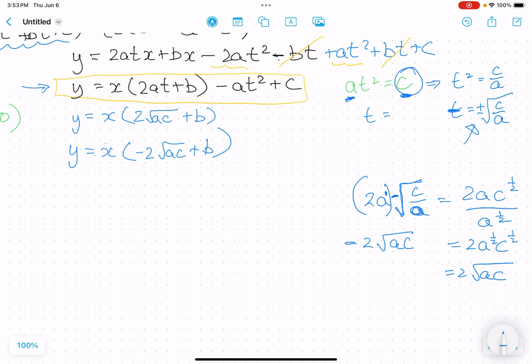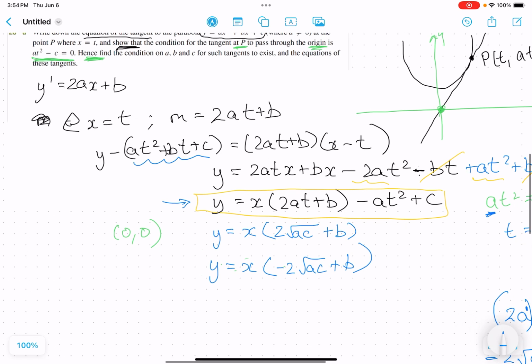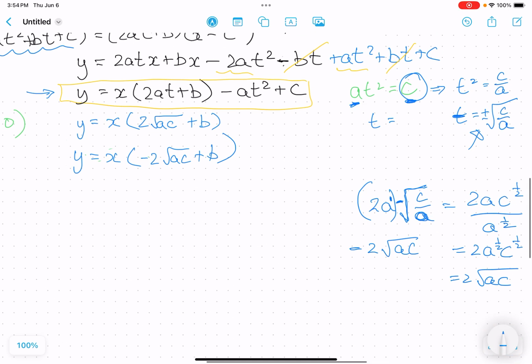So they're our two different tangent equations. Let's check what the question asked for: hence find the condition for such tangents and the equations of these tangents. So there are the equations of those tangents.